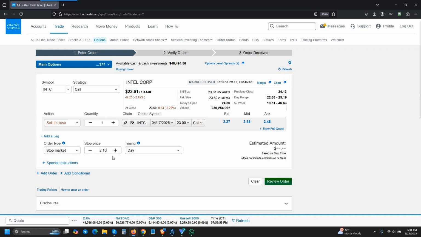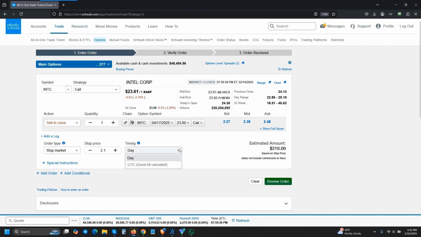And you're going to put in here $2.10 and say, look, if it backs up a little bit, I want to get out. And I want to get out at the market, which means that it would immediately trade whatever the best bid price is that it can find once the price trades at $2.10. That market price may be less than $2.10, but it would immediately trade.